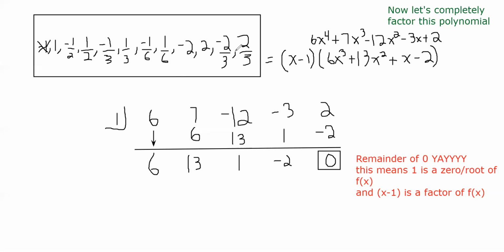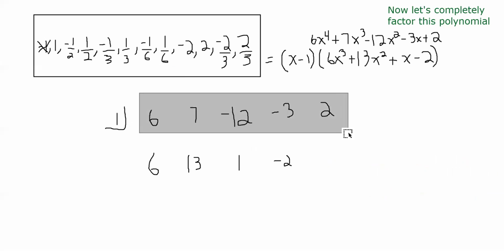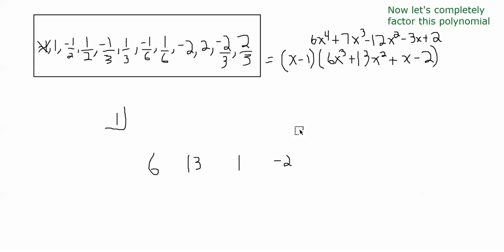We're going to use the same list, but I can still cross out this negative 1, and I might have to just repeat for positive 1. Now I'm going to try 1 from the list into this 3rd degree polynomial with these coefficients.